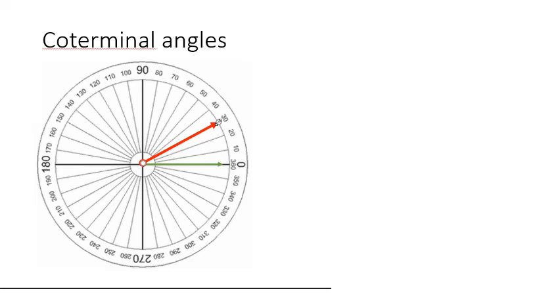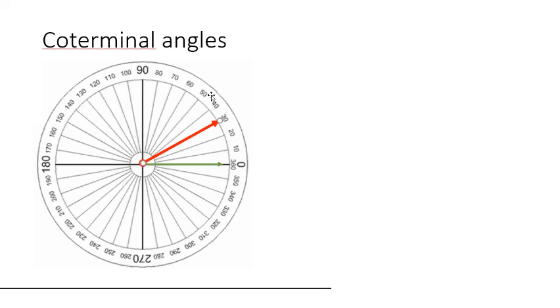So what we just described were actually coterminal angles. Initially, when we looked at this, we were just looking at 30 degrees. But what we're saying is that if we go another 360 degrees, we end up right back where we started. So in other words, 30 degrees is coterminal with 390 degrees.